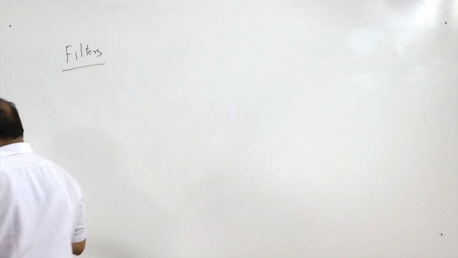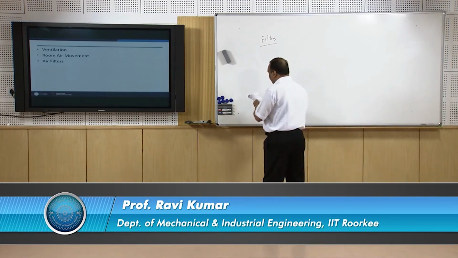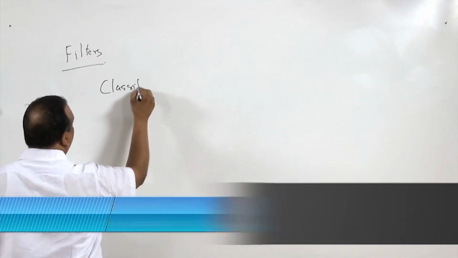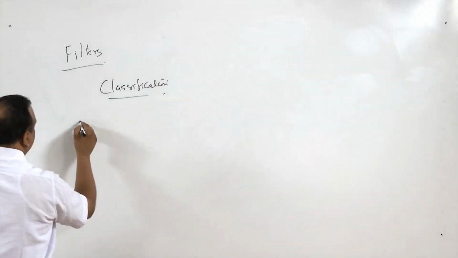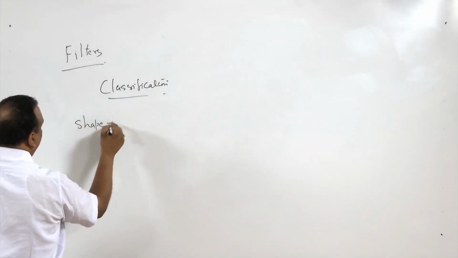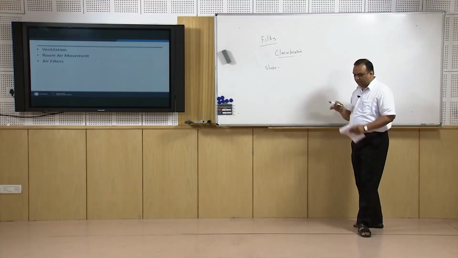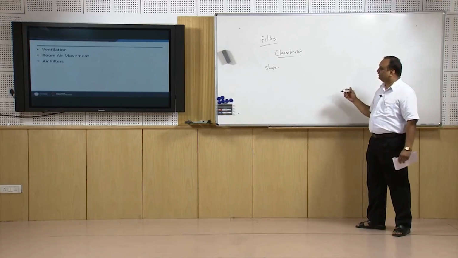Some of the filters we have already discussed. Now there are certain types of filters which can be classified. Classification of the filters: by shape of the filter, it can be in the form of a panel, or it can be in the form of an extended surface.